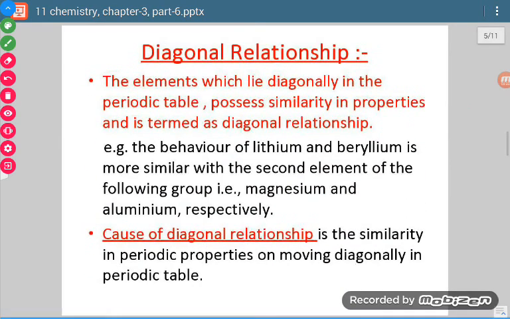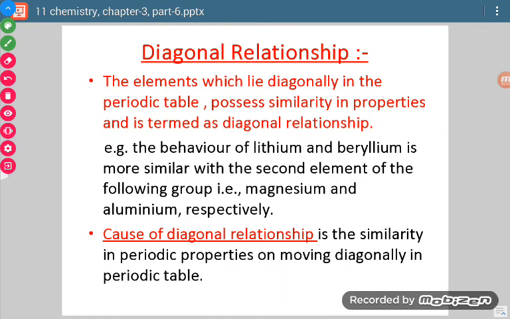Okay. Now another topic comes, diagonal relationship. Okay. Now we know what is a diagonal. Okay. So the elements which lie diagonally in the periodic table, they possess similarity in properties and is termed as diagonal relationship. So similarity in properties of the diagonal elements is called diagonal relationship. Okay.